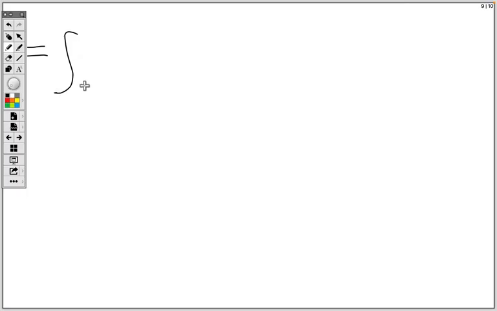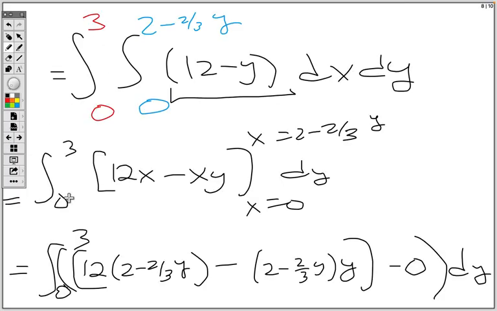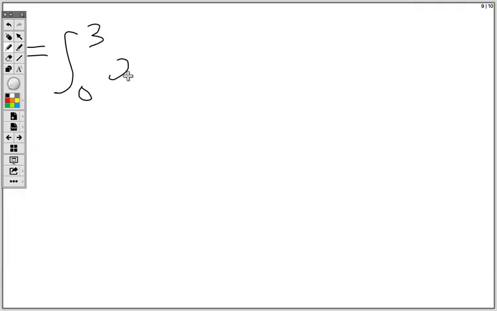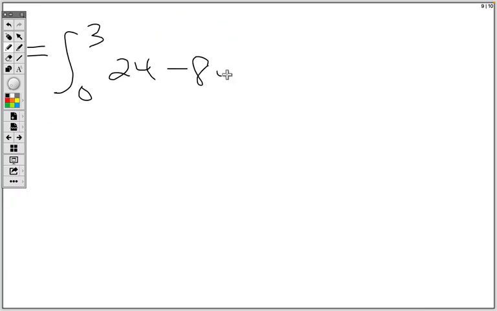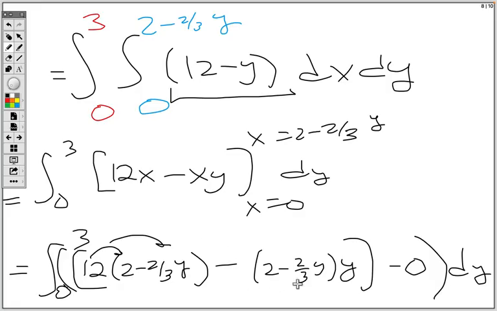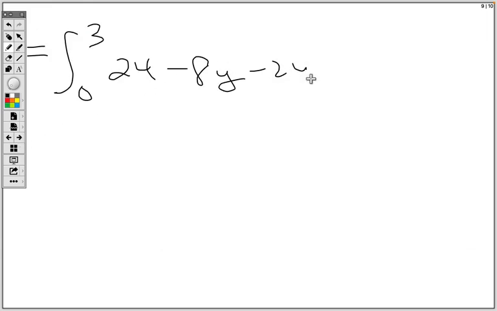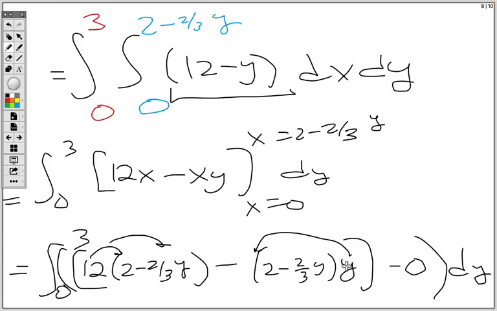So this is equal to the integral from 0 to 3. Let's distribute here. You've got your 24 minus, how many y do I get from that? 8y, minus, now I've got 2y, and then what happens here?